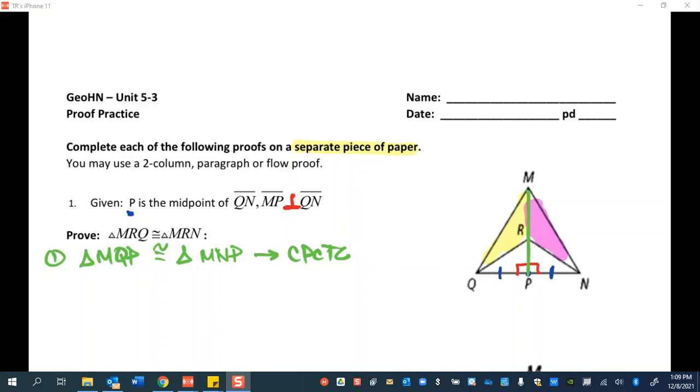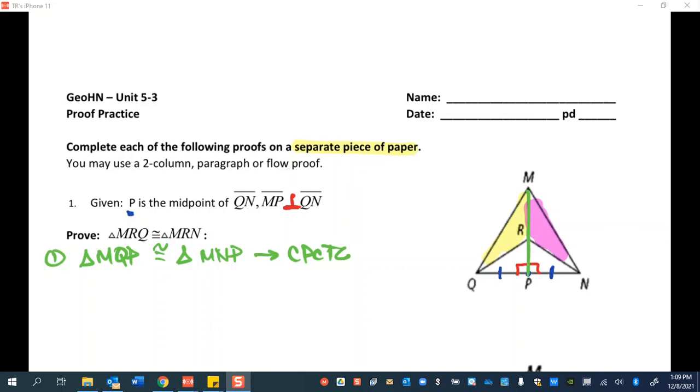So, can I pinch anything that's going to help me in that conversation from this triangle here? What can I pinch from CPCTC? What can I grab? Which side? Yeah, this hypotenuse. Good vocabulary.